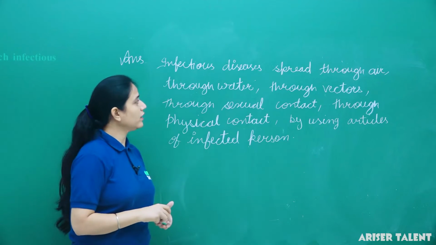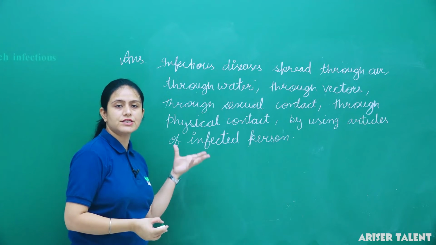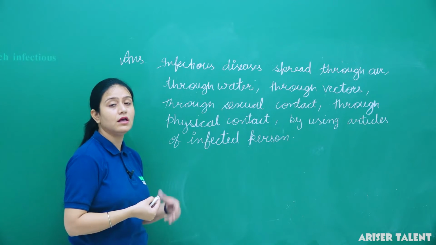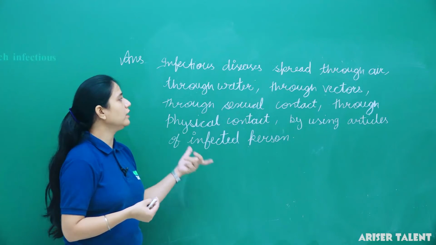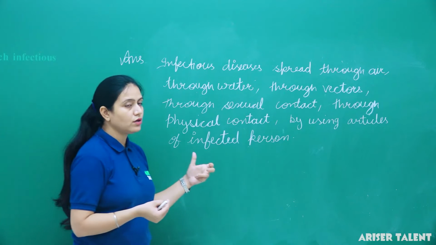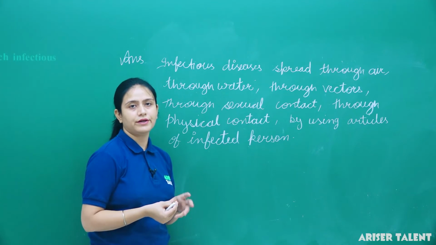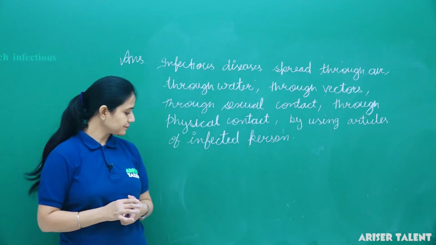So how are infectious diseases spread? Infectious diseases spread when we come in direct contact with the infected person, or through air, through water, through vectors, through sexual contact, through physical contact, or by using the articles of an infected person. Clear?